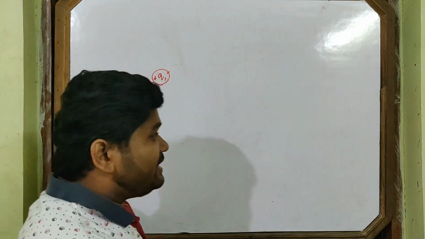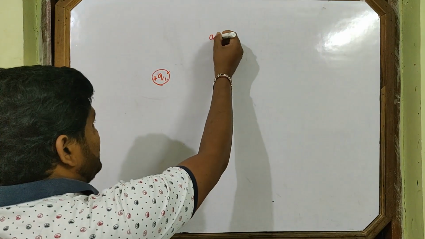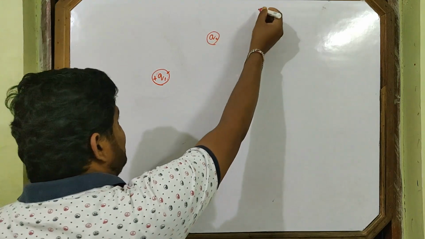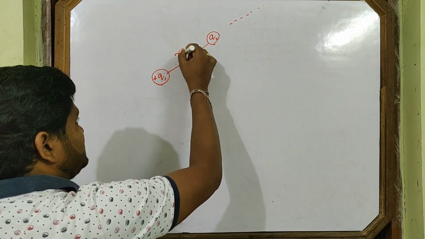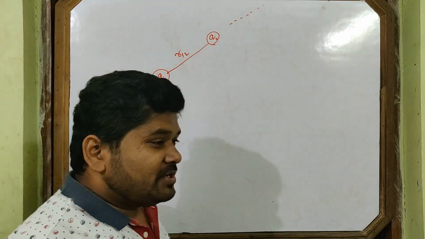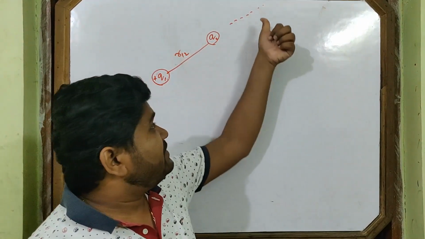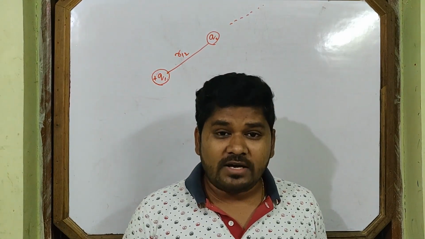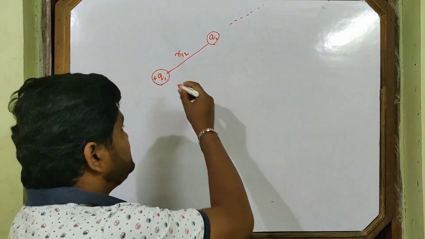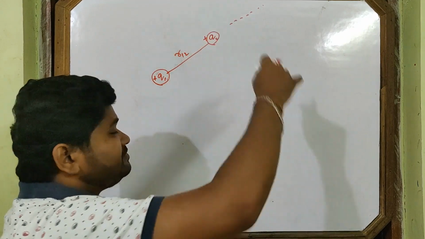But when I bring Q2 from infinite to a separation of R12, to bring Q2 from infinite to this position, I have to do work, because this is positive, this is positive.